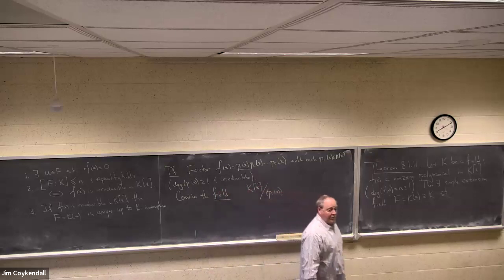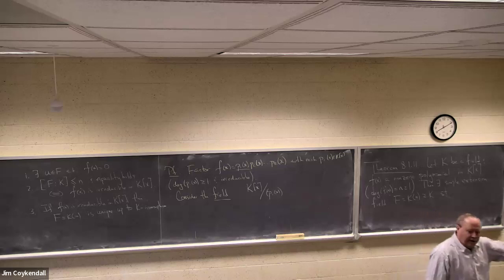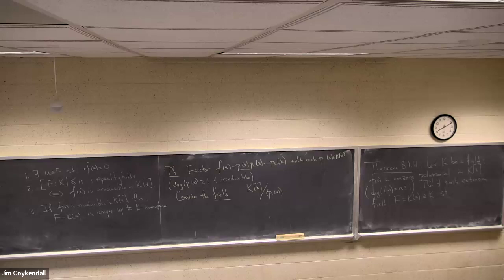There I go, throwing that word field around pretty loosely. How do I know that's a field? Oh, that's right, because P1(x) is irreducible, which means it's prime, which means in a principal ideal domain, it means it's maximal, right? So this is a field.